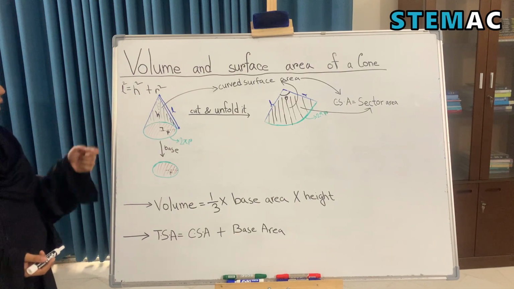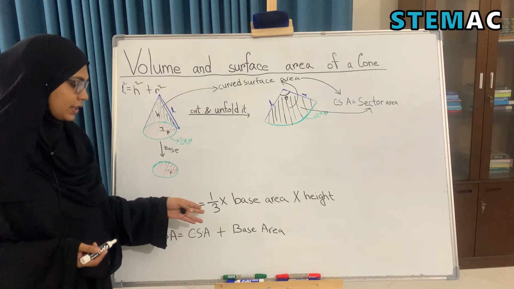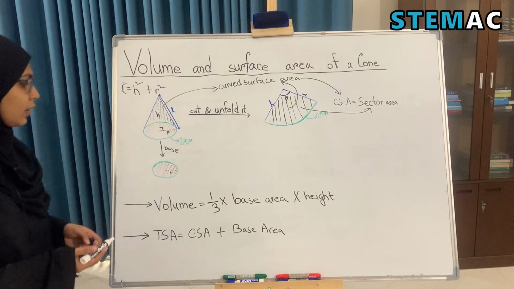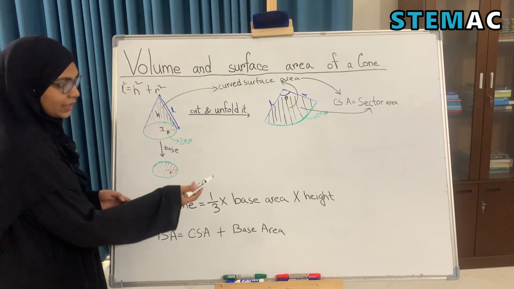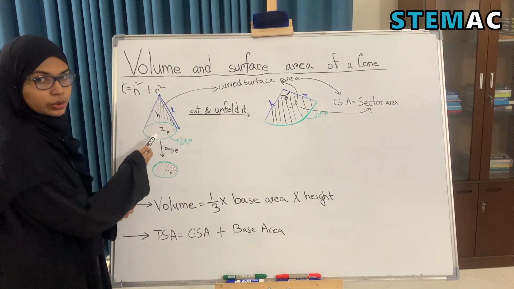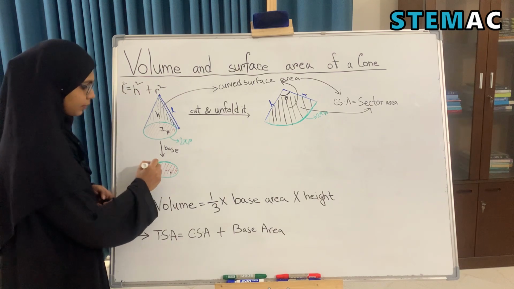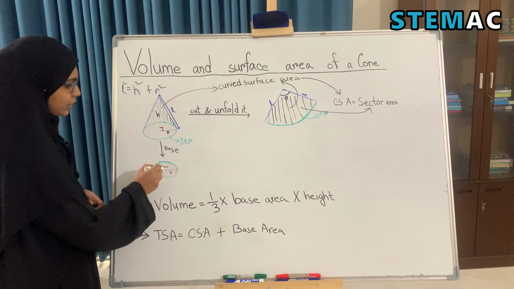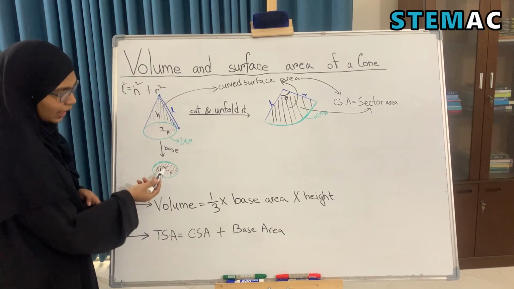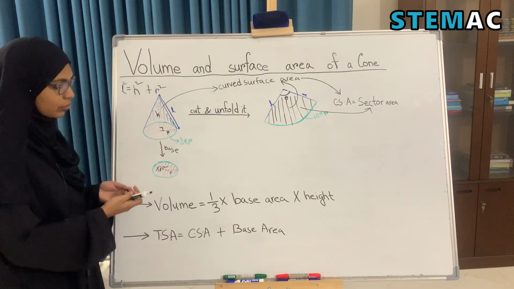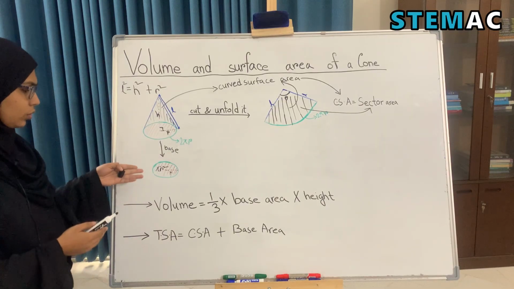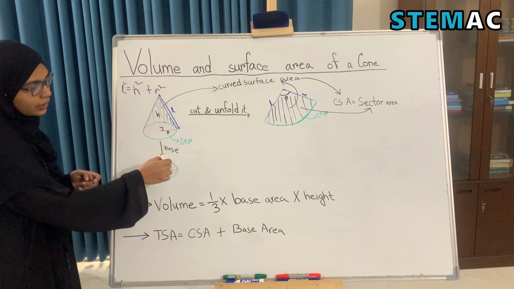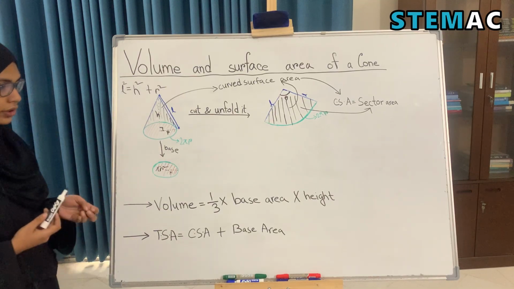So the formula for volume of cone is 1/3 into base area into height. Here the base area is pi r square, as the radius is r and the base is circular in shape. This red marked area has area of pi r square.